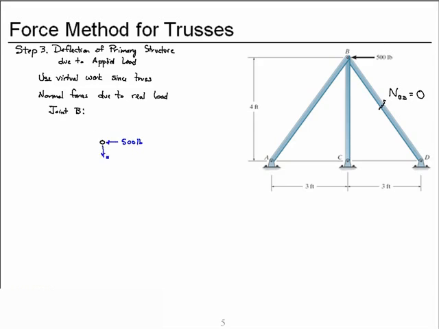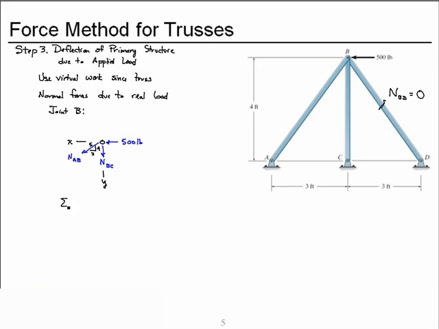We have our unknown normal force in member BC, and our unknown normal force in member AB. We saw before that this is a 3, 4, 5 geometry for member AB. I'm going to label my axis in this case Y being down and X to the left.